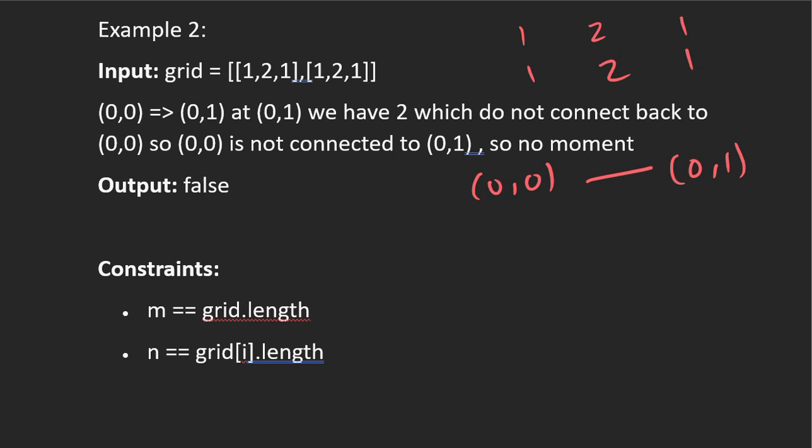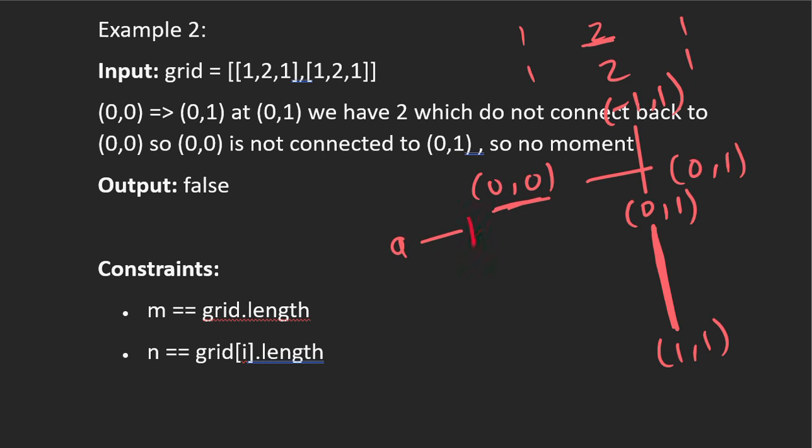Then we reach 2, but 2 means we can only move up and down, that is, from 0 comma 1 we can go to 1 comma 1 or to minus 1 comma 1. So aren't these contradicting? Yes, because from 0 comma 0 we can go to 0 comma 1, but we can't come back, so both are not directly connected.